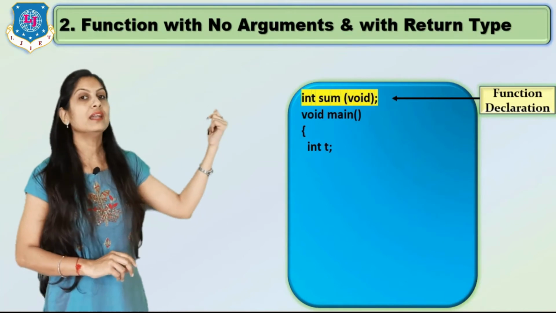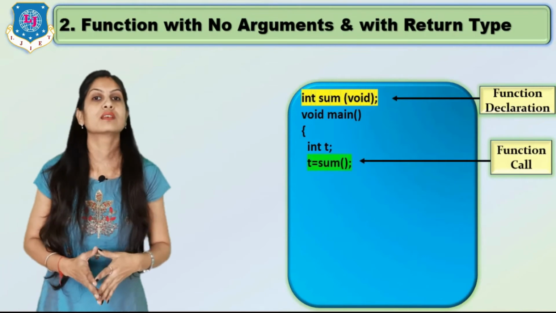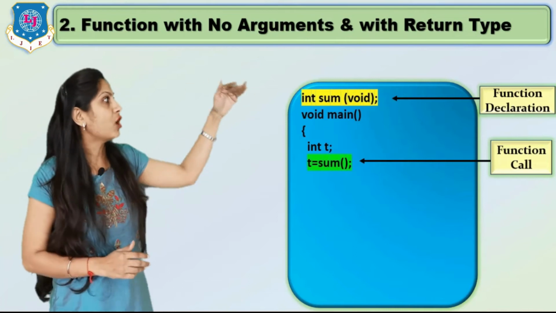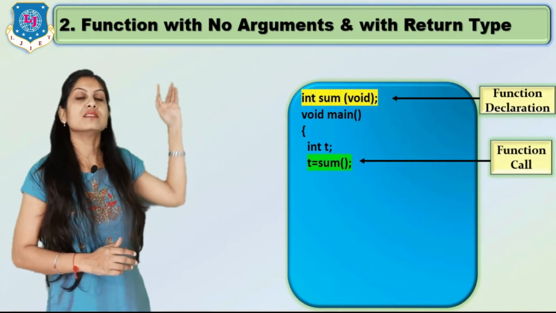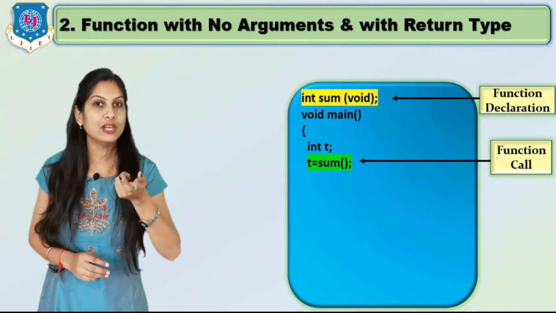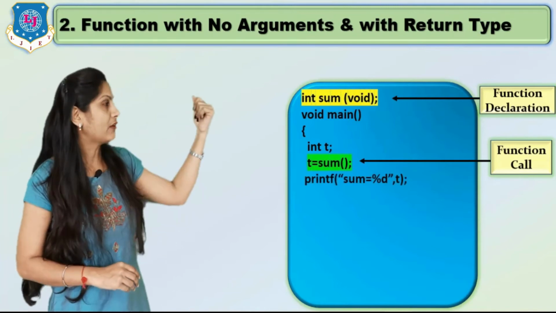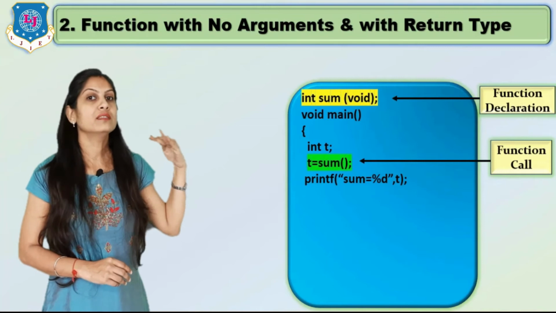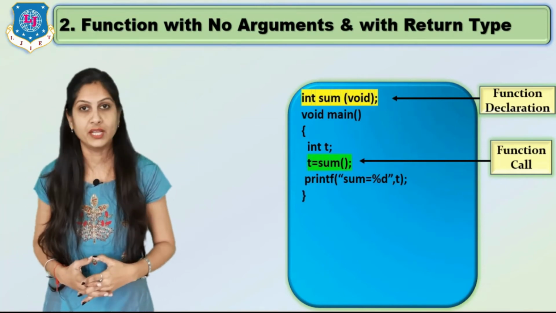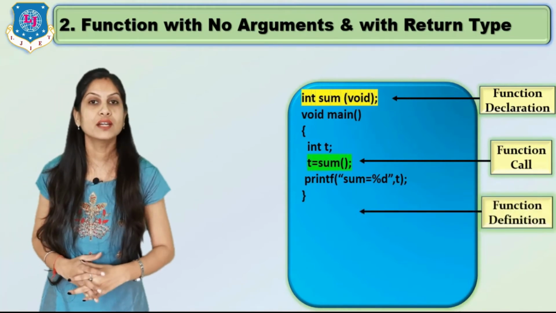So here I am writing int t for storing the return value, and t = sum(). Clear? So when we call the sum function, it jumps to the function definition, and when it comes back with a return value, it will be stored in variable t, and that we have to print. So after t = sum we print the message: printf sum = %d and the value of t. That is in void main, and after void main we write the function definition.